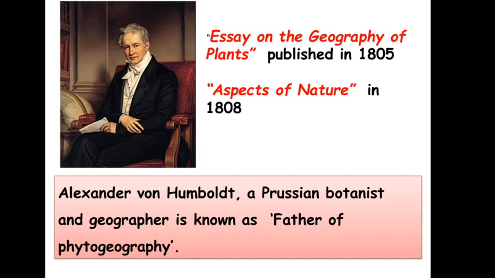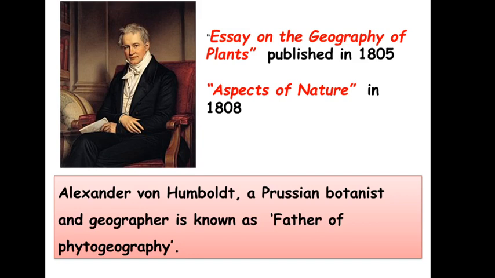Okay. Now, out of all those volumes, 2 volumes were specially dedicated to plant geography, or you can say at that time the plant geography did not exist. No one knew that there is a new branch of botanical science known as phytogeography. At that time it was just like an ecological study of plants. Okay.